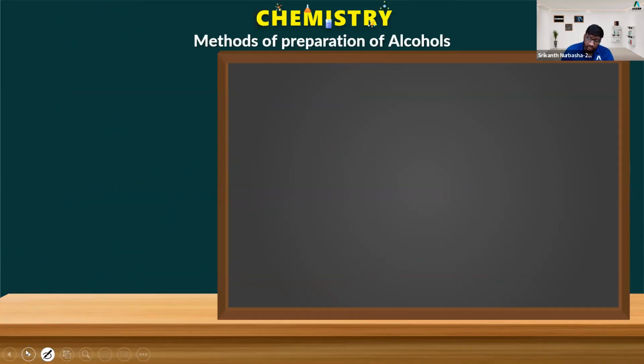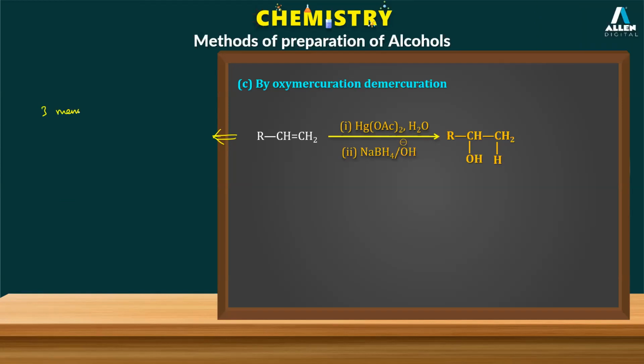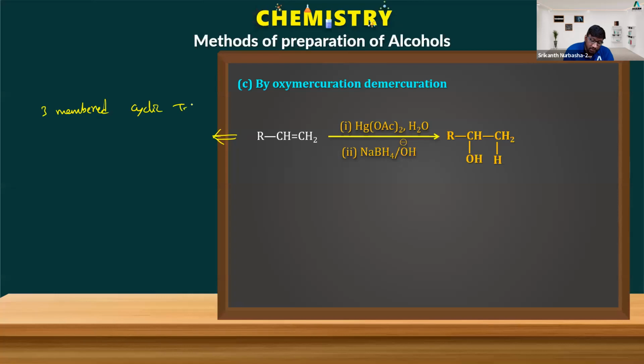Oxymercuration-demercuration. What does the transition state look like? A 3-membered cyclic transition state. No rearrangements. Wherever we have a carbon-carbon double bond, we simply add H2O to that, with no rearrangements.